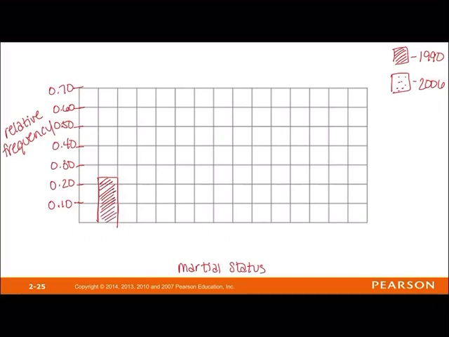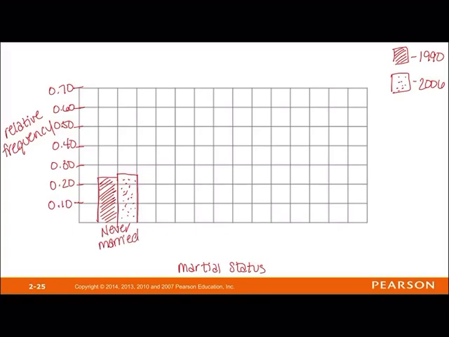Right next to that, touching that, I'm going to draw another bar that's going to represent my data from 2006. If you look back to 2006, that's about 25 cents, which is more than the 22 cents that we just drew. So my next bar is going to be a little bit higher than the other one. And I'll put dots in there. It's really easy if you have 2 different colors. And those 2 bars represent my never married.